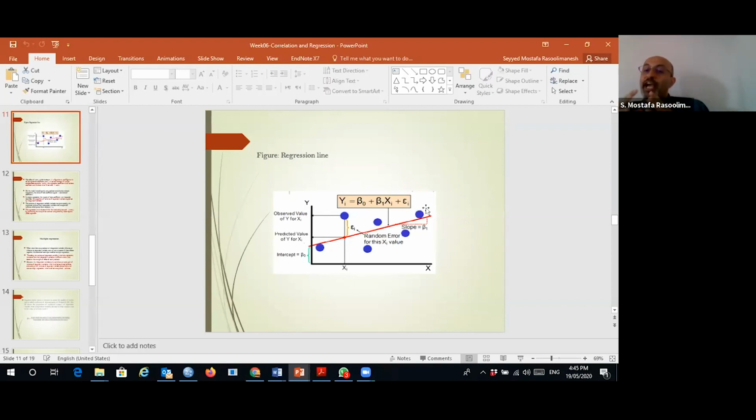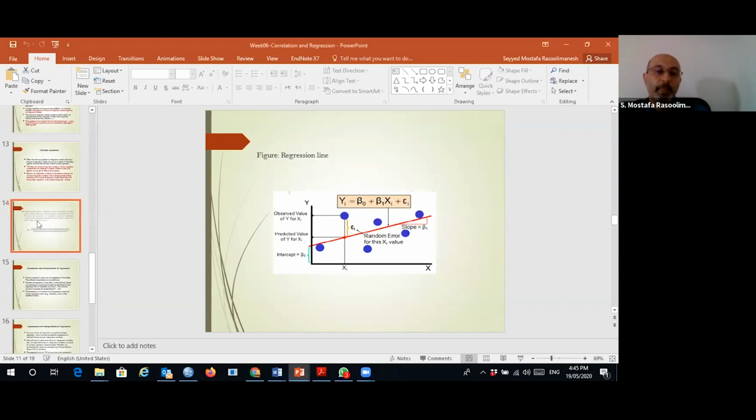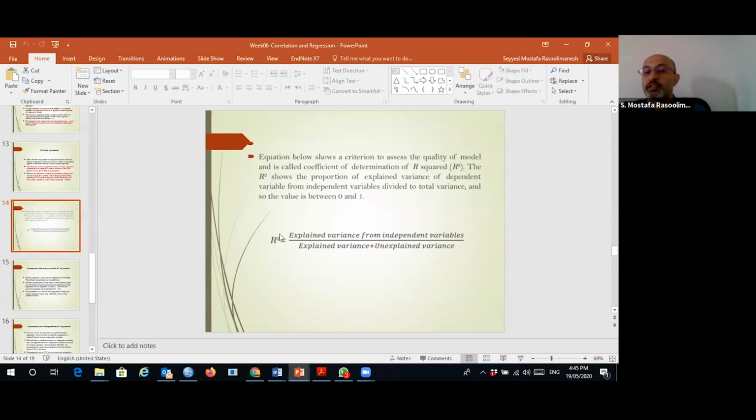So actually, R square is the explained variance, the variance from the IV, divided by the variance from IV and error, or total variance. So it's the ratio of explained variance to the total variance. This is the concept of R square.